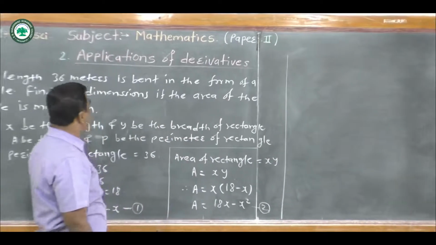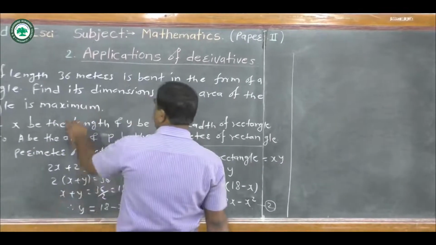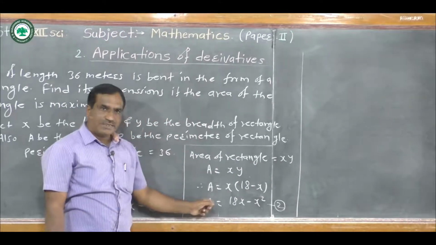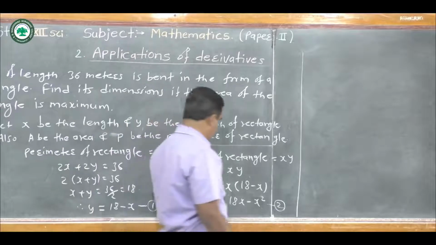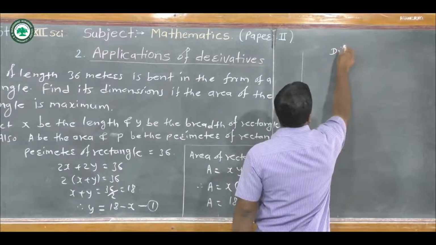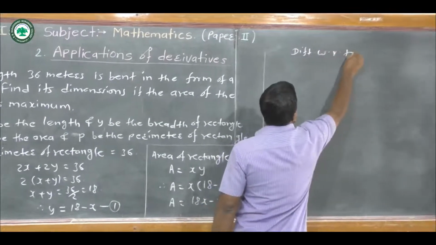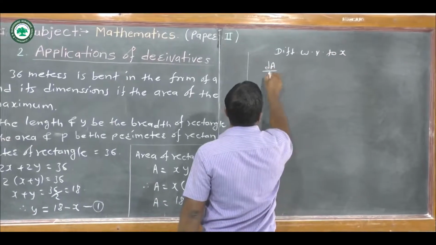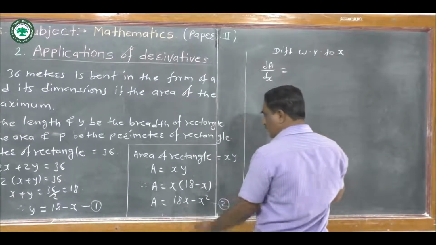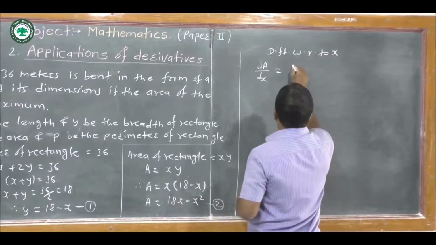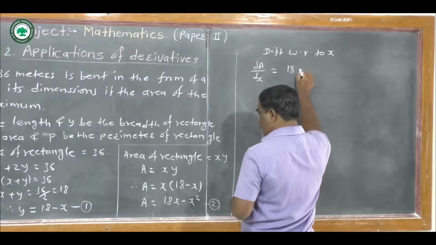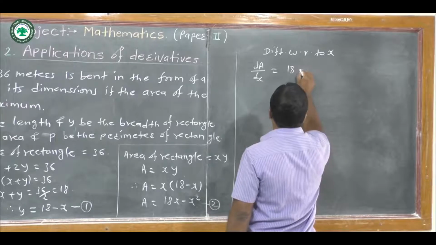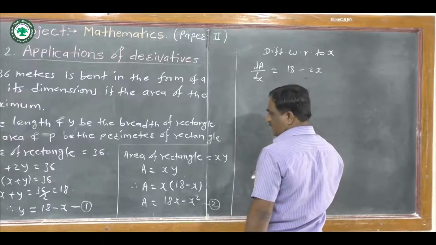Now we have to find the dimensions when the area of rectangle is maximum. Therefore, differentiate this equation with respect to x. Derivative of A with respect to x, dA by dx is equal to derivative of 18x is 18 minus derivative of x square is 2x.